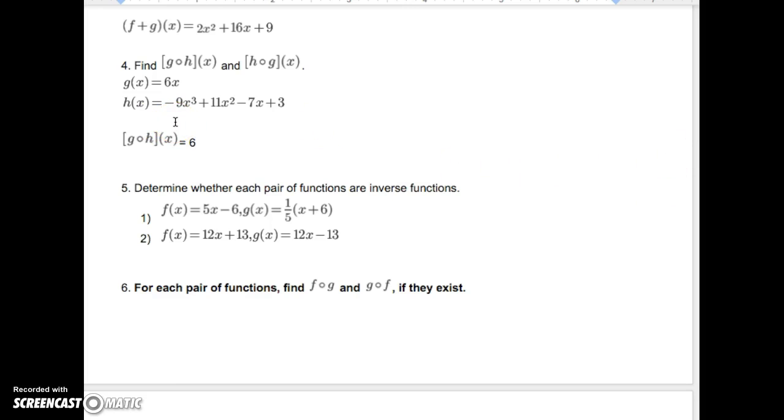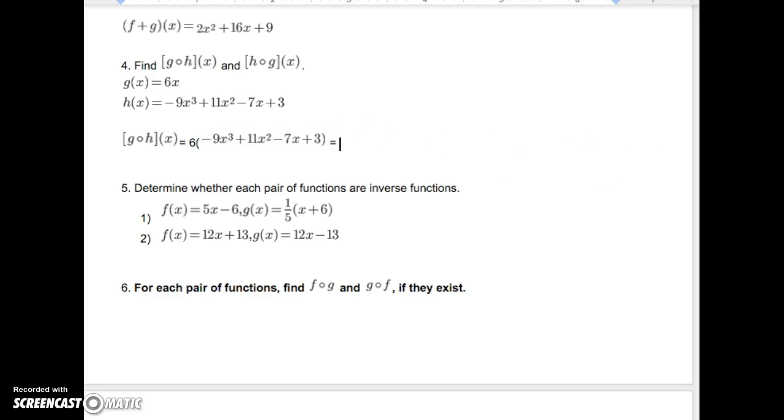The something is the h function, so I need to copy this h function in: -9x to the third plus 11x squared minus 7x plus 3. What I have to do now is distribute this 6 to every term inside.